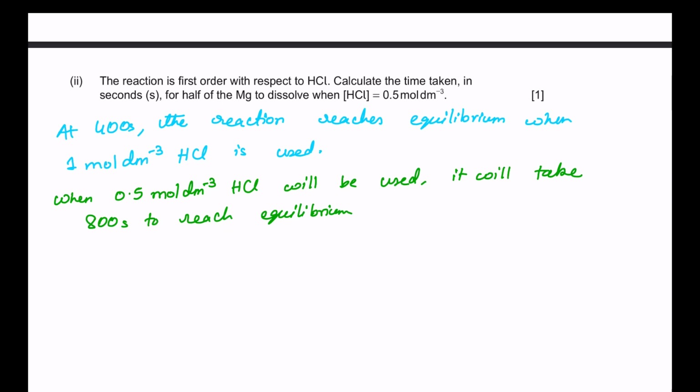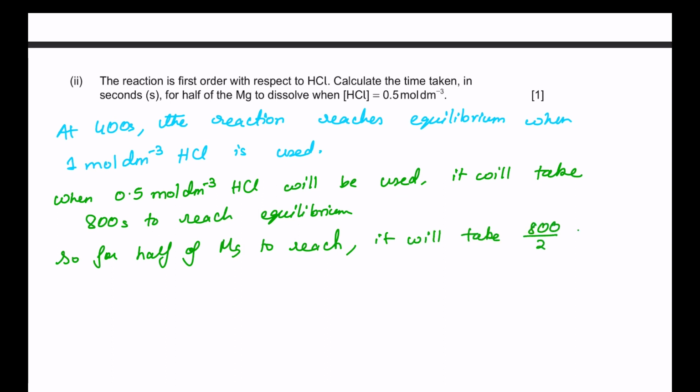And finally, for half of Mg to react, it will take half the time to reach equilibrium, 800 by 2, that is 400 seconds. So the answer to this question is 400 seconds.